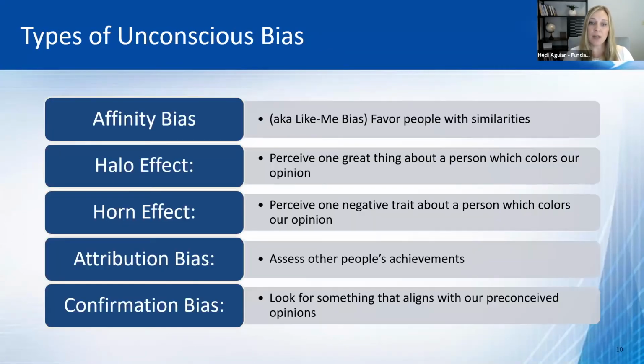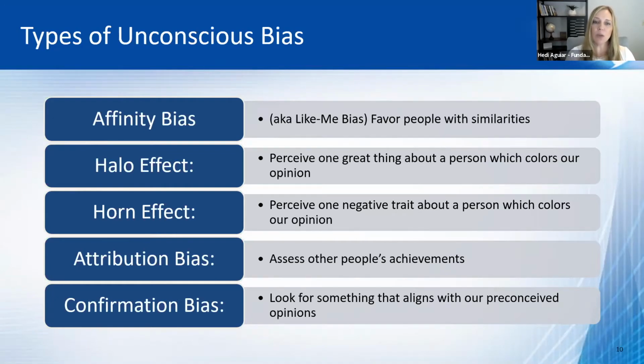So there's an affinity bias, also known as a like-me bias, where we tend to favor people with similarities. This could be ethnicity-based, language-based, or profession-based. There are so many different affinities that we could have, but we favor people who have similarities.